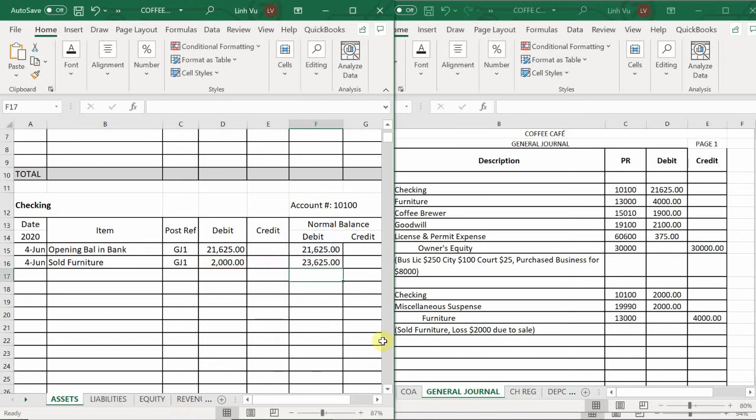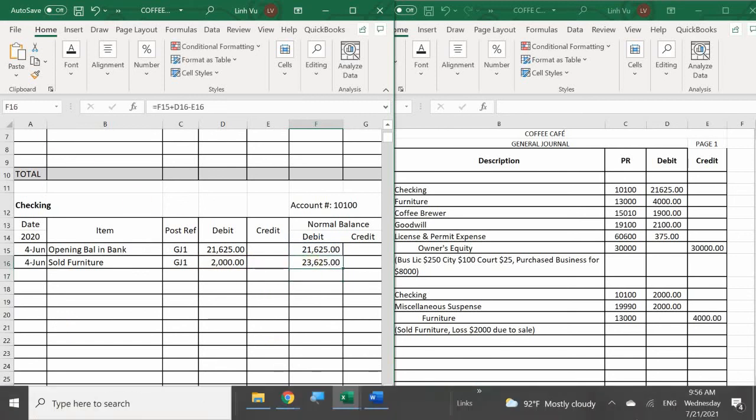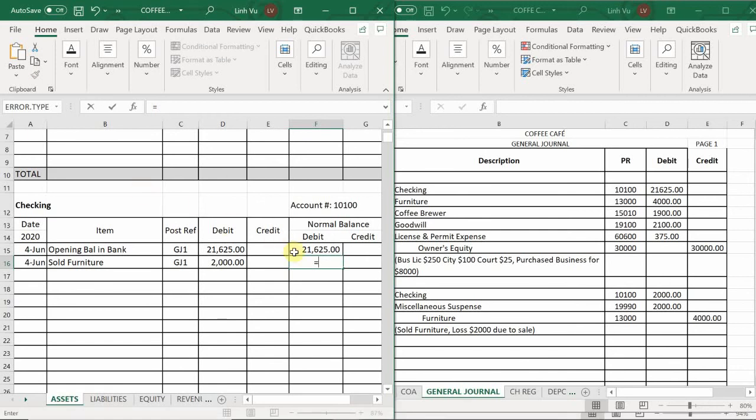So once again, that formula, we're going to practice this formula throughout all of our accounts here in the general ledger. Okay, so once again, it's going to be your previous balance amount.